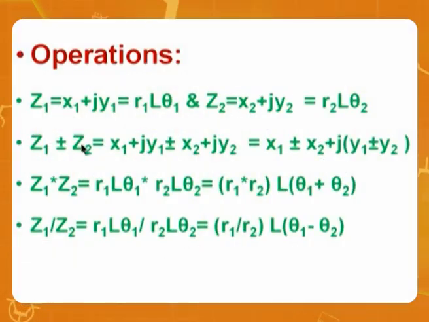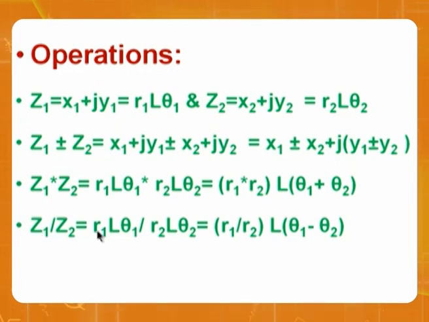Then operations. Suppose you have addition. How do you add them? Addition, subtraction is done in rectangular form. Multiplication and division is done in polar form. When you say Z1 plus Z2, it is X1 plus X2, jY1 plus Y2. If you multiply, R1 R2, angle theta 1 plus theta 2.